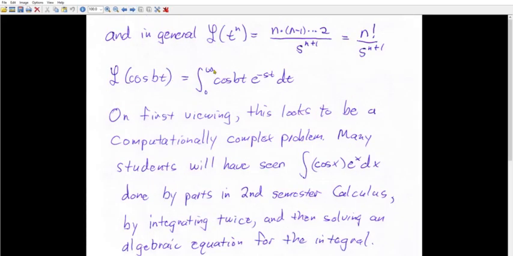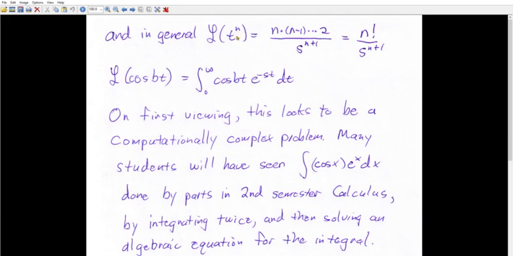And as we continue along, what we get on the top is just n times n minus 1 all the way down to 2, over s to the n plus 1, which we recognize as n factorial over s to the n plus 1. Okay, so we have another thing for the table, which is the transform of t to the n when n is a positive integer.